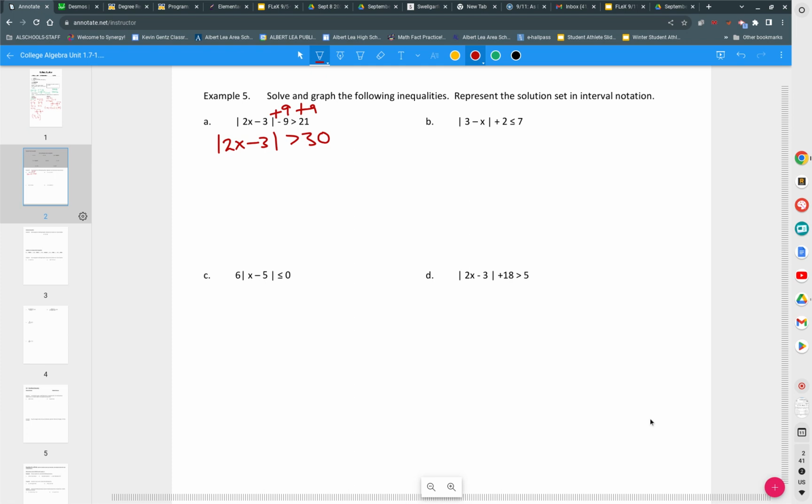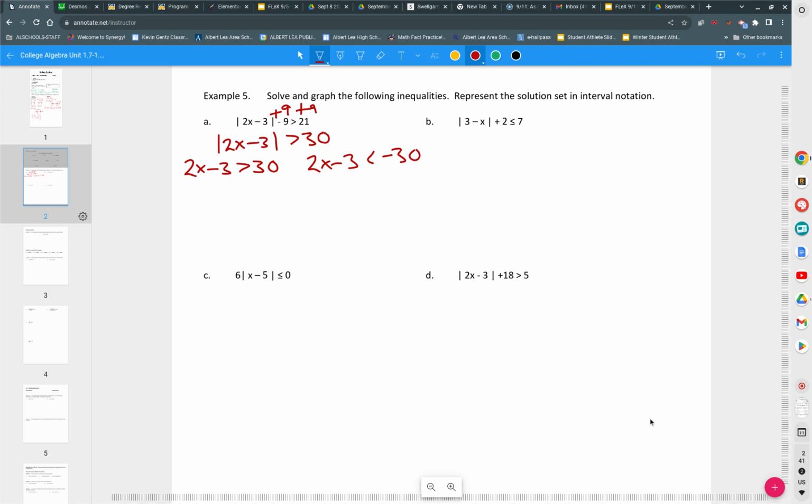I set up 2. So I have 2x minus 3 is greater than 30. Does anybody know the next inequality I set up? Hint, 2x minus 3? Less than negative 30. So you do change the sign for both the number and the inequality.